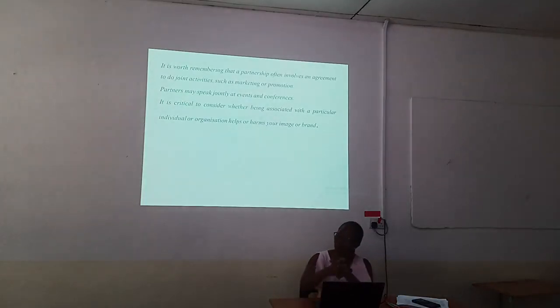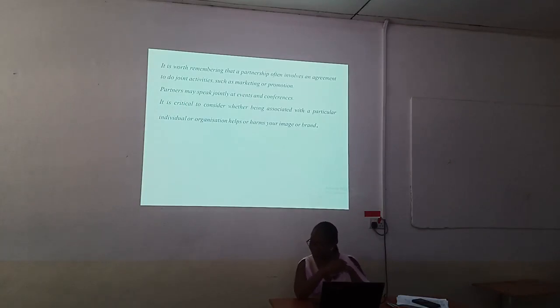But what about if you want to do some promotion activities together, marketing activities? So in this way, I'm stating what I want from the arrangement. This is what I can do for your company. These are our values.